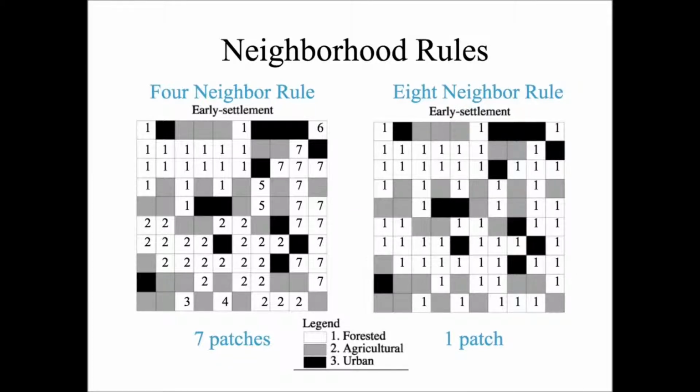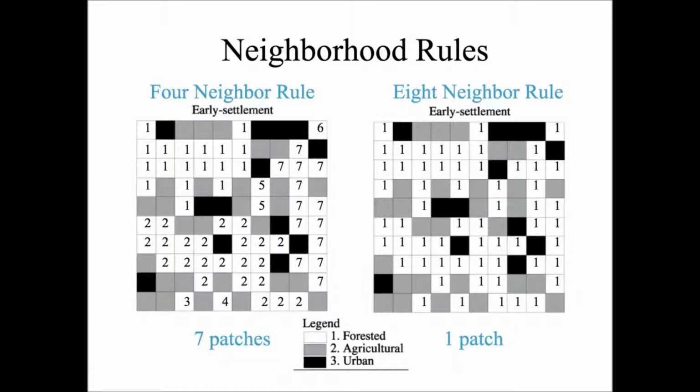So to perform a metric, you have to tell the program that you're using how you define a patch, and we do that using neighborhood rules. And so we had a little bit of confusion or questions about how you actually use neighborhood rules. Generally when calculating landscape metrics, there's the 4 neighbor rule or the 8 neighbor rule. The 4 neighbor rule considers an individual cell, so we're using raster or cell-based data.